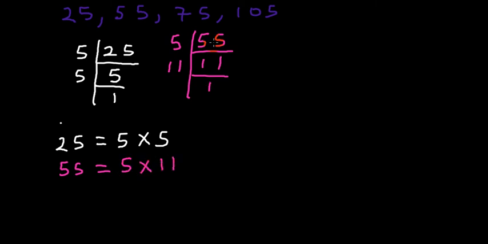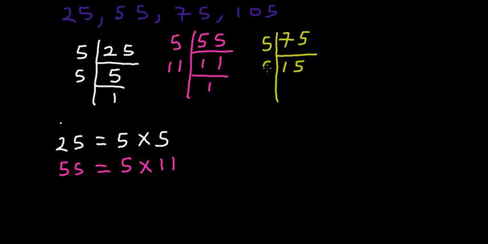Okay, let's solve the one for 75. You draw a line. Okay, the best prime number to divide is still 5. 5 in 7 you get 1, then the remaining 2 you take to 5, which is 25. 5 in 25 you get 5.